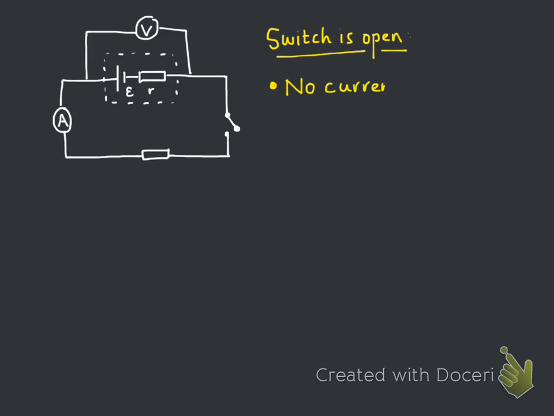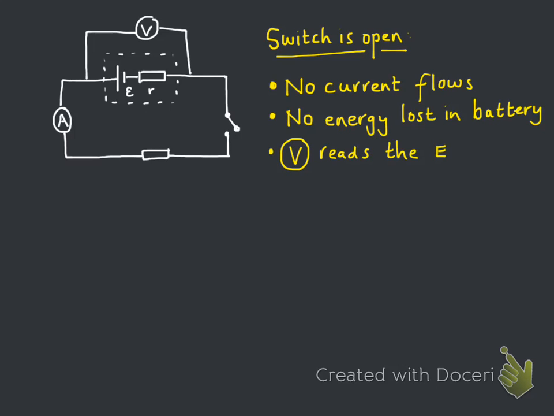While the switch is open, obviously no current flows through the circuit, and because no current is flowing, there is no opportunity for energy to be lost in the battery. And so the voltmeter over that battery would read the EMF, the full amount of energy given to a coulomb of charge as it passes through the battery.